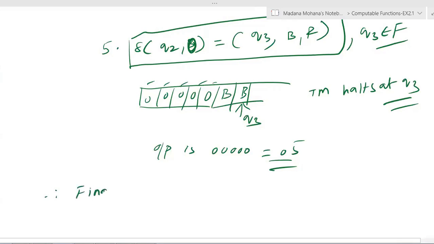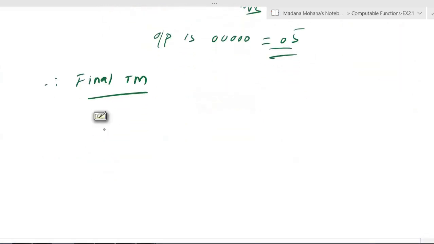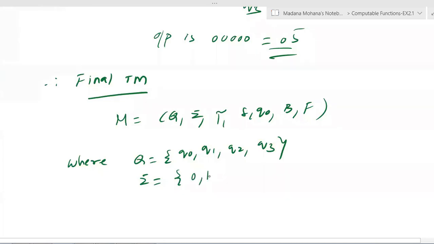Therefore, the final Turing machine. Now you can write down the Turing machine followed by its diagram and table. M equal to (Q, sigma, tau, delta, q naught, blank B, F), where the states we use are capital Q equal to {q naught, q1, q2, q3}. Then sigma equal to what the input contains, x, y, a combination of 0, 1 only.